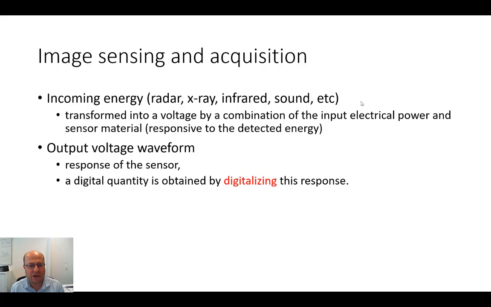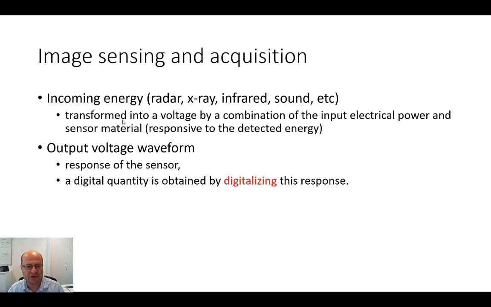But basically, what it is that you have some sort of incoming energy. That could be a radar signal, an X-ray, infrared, sound, or light, right? We're talking about vision. I'm talking about in a broader sense of image processing here.